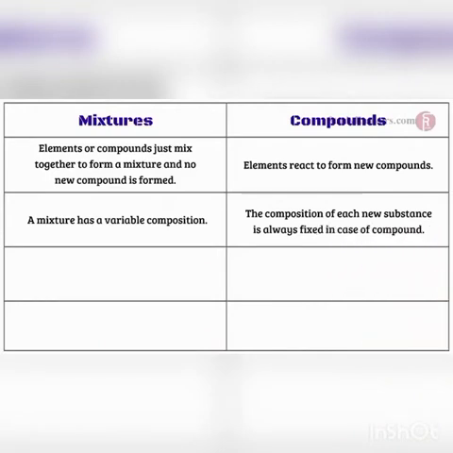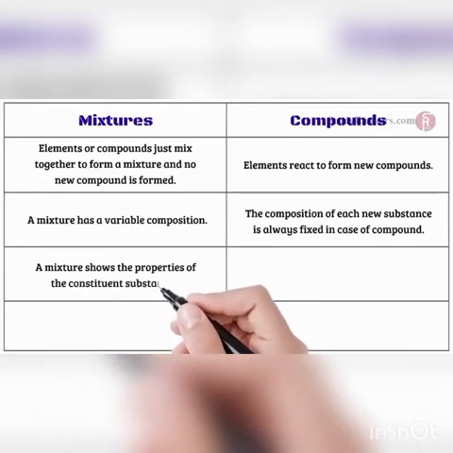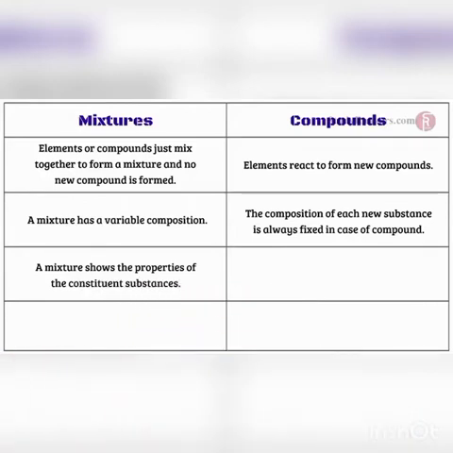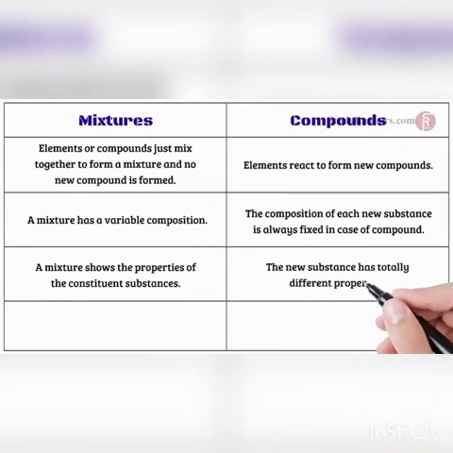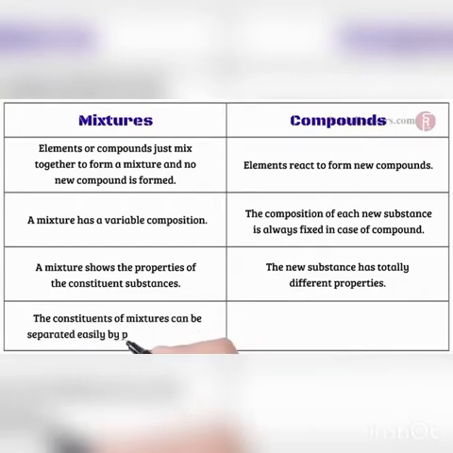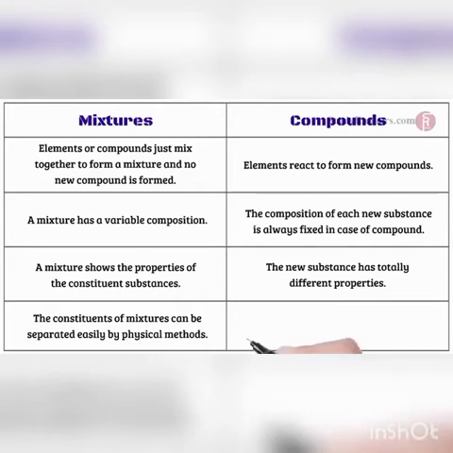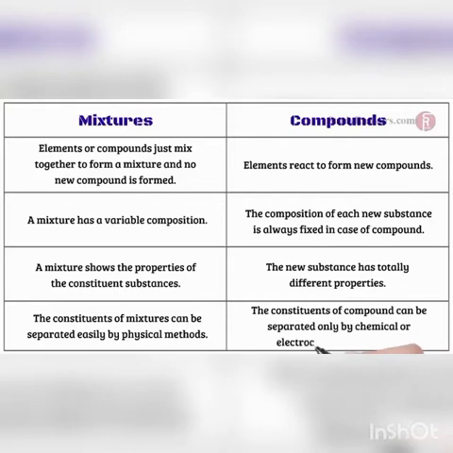A mixture shows the properties of its constituent substances, while in compounds, the new substance has totally different properties. The constituents of a mixture can be separated easily by physical methods, while the constituents of a compound can be separated only by chemical or electrochemical reactions.